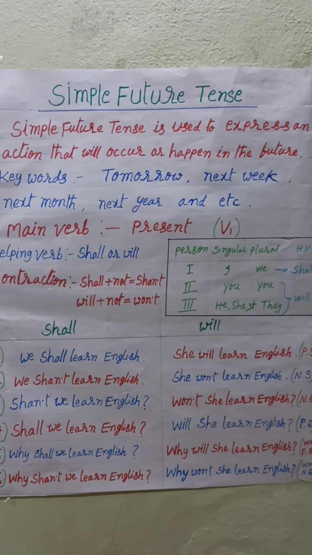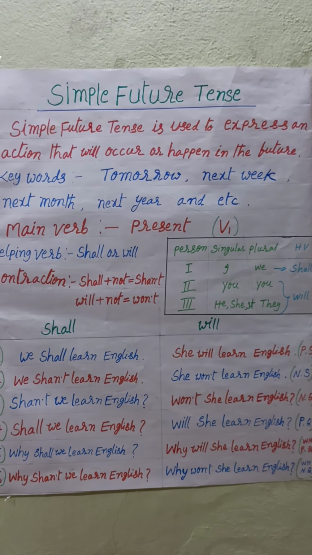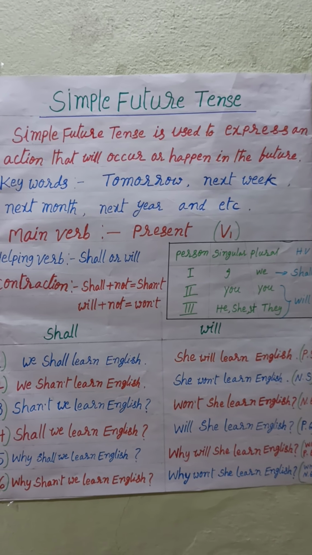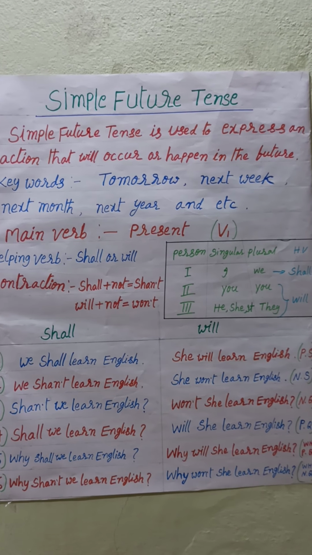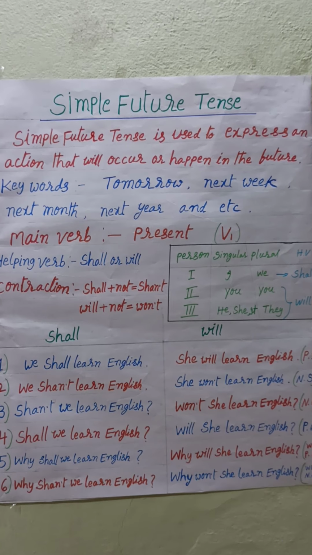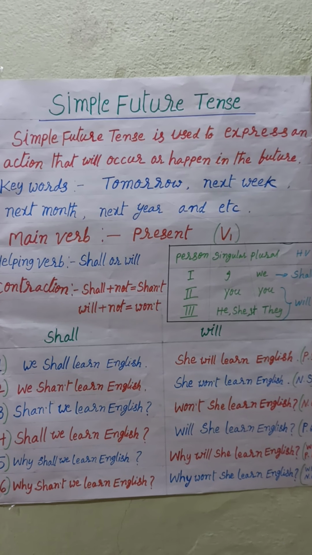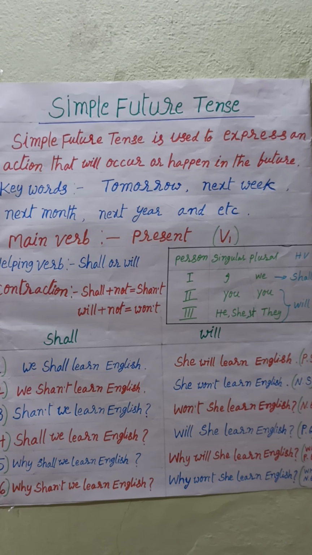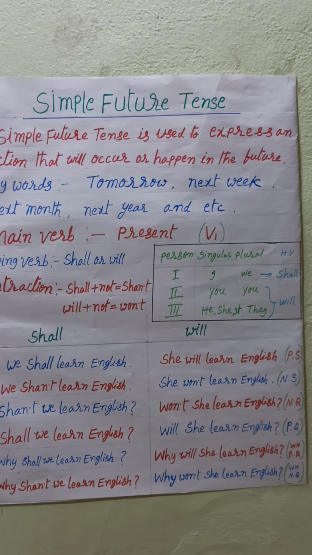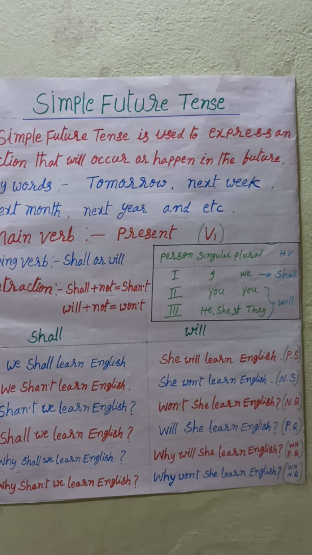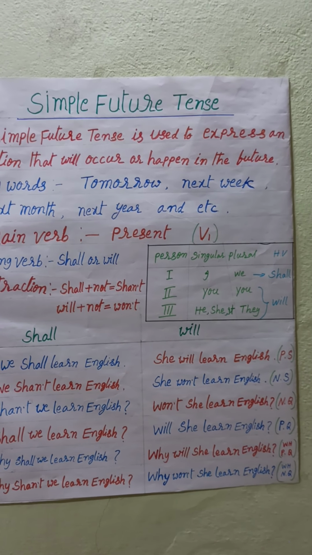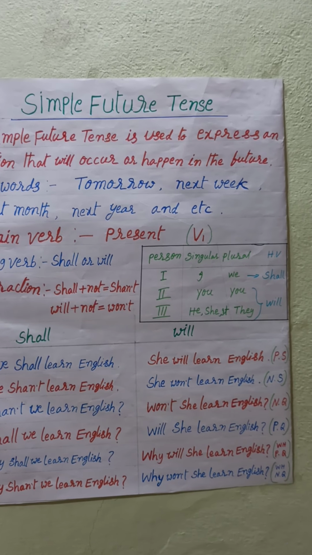In these 6 sentences, we write helping verbs shall or will, but in the simple present tense, we don't write helping verb in the positive sentences.